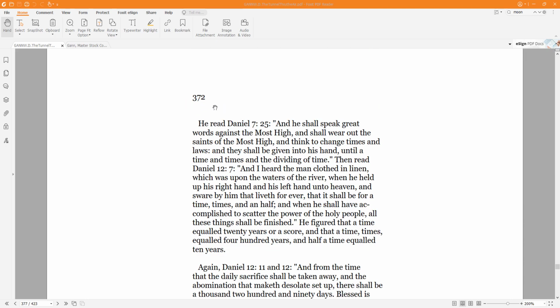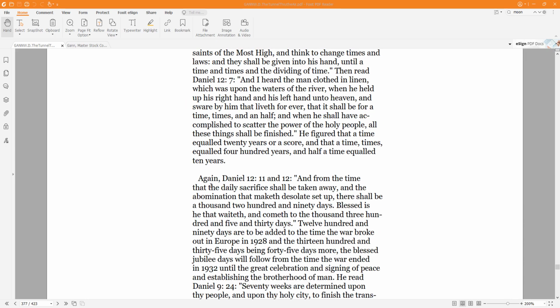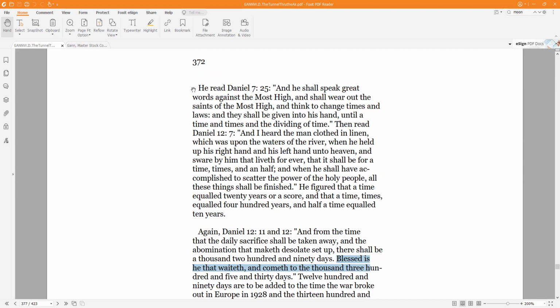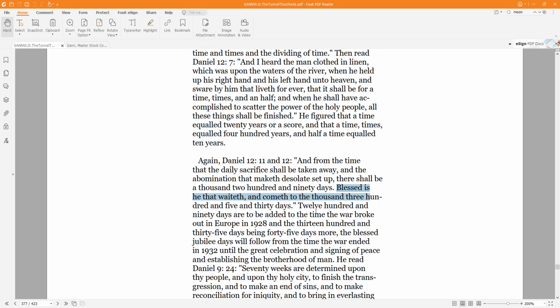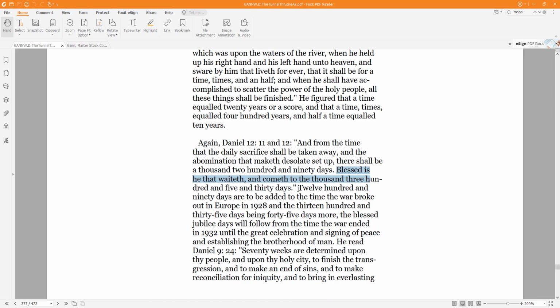We are on page number 372, and as you can see, he has used almost the same quote that was used on page number 213, but here we are getting one more number, 1290 days.